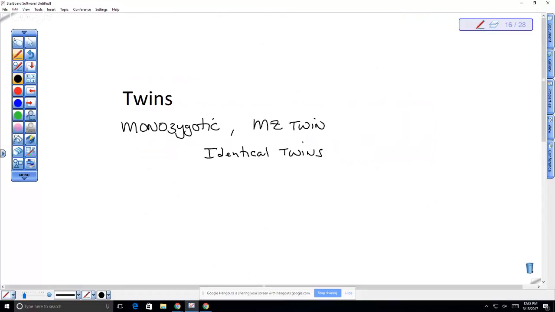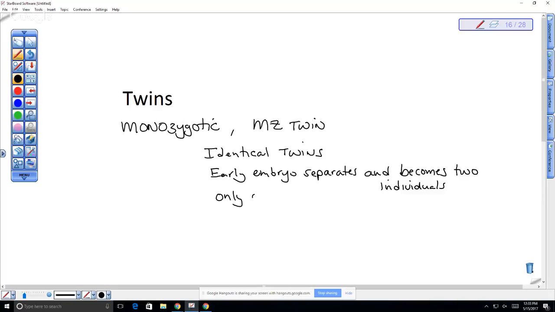What this means is the early embryo separates into 2. So only one egg was released. Or I guess there could have been more, but only one was released and fertilized. Okay. So they're both from the same egg.